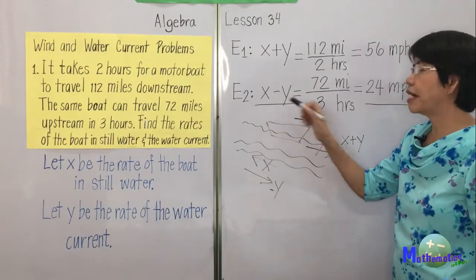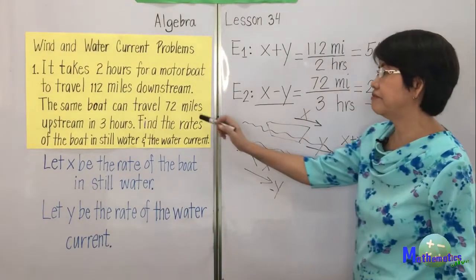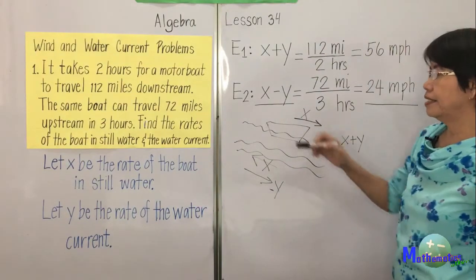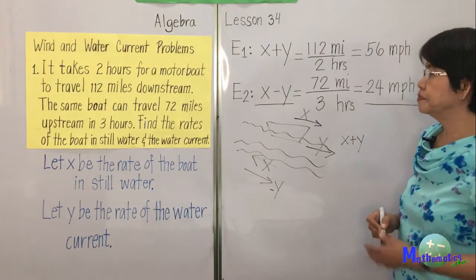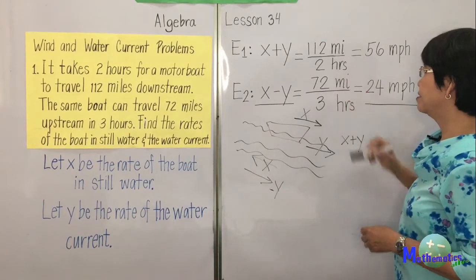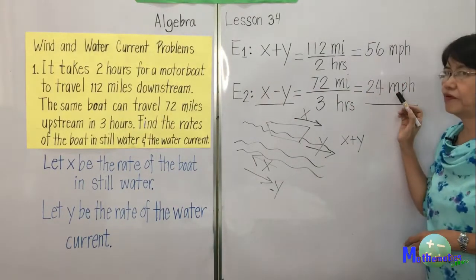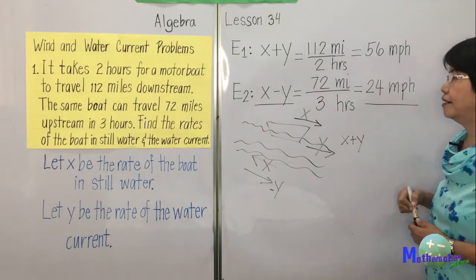So we'll have x minus y is equal to 72 miles, and it will take 3 hours for the same boat to travel 72 miles. So 72 miles over 3 is equal to 24 miles per hour.